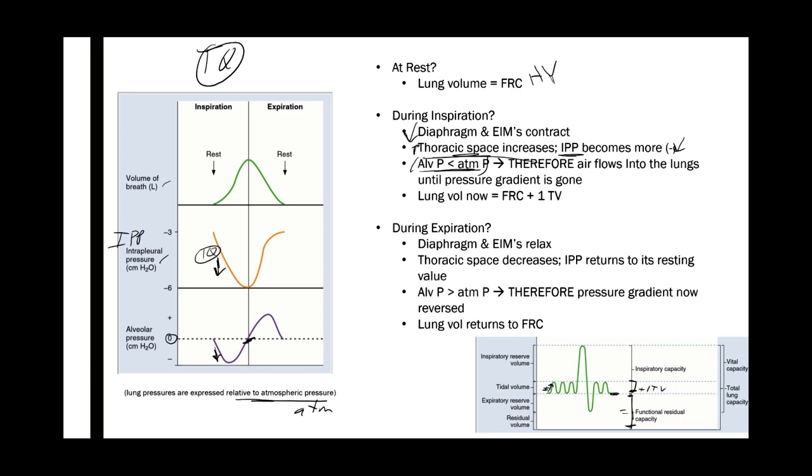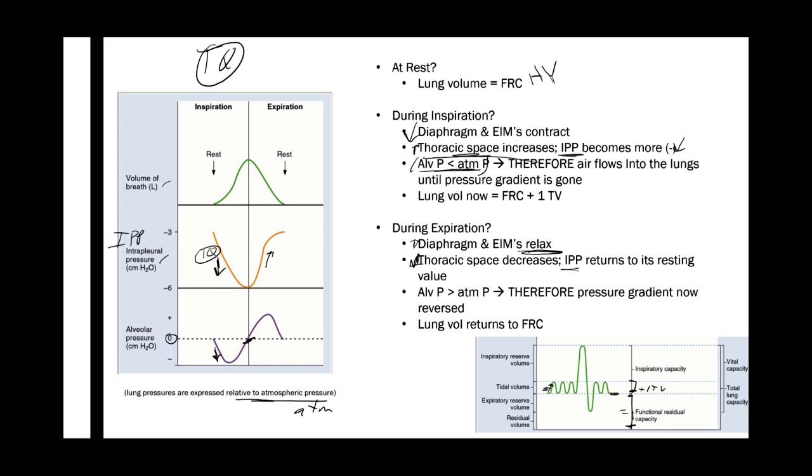So, what happens during expiration? Basically everything's going to be the opposite. You have a relaxation of those respiratory muscles. The thoracic space decreases because as the diaphragm relaxes, it's going back up. So that's decreasing the space in the thoracic volume. And because of that inverse relationship, the IPP returns to its resting value, which you see here.